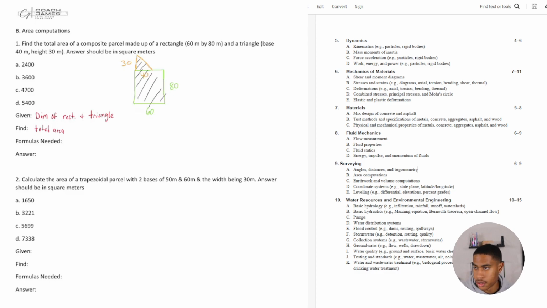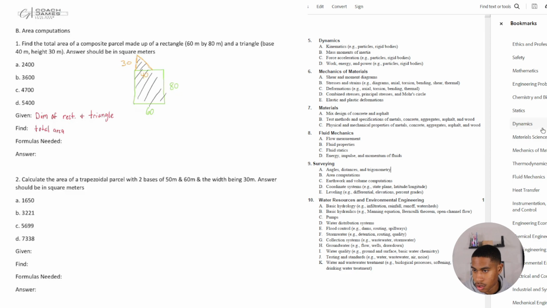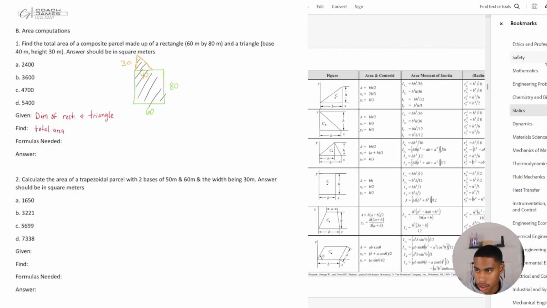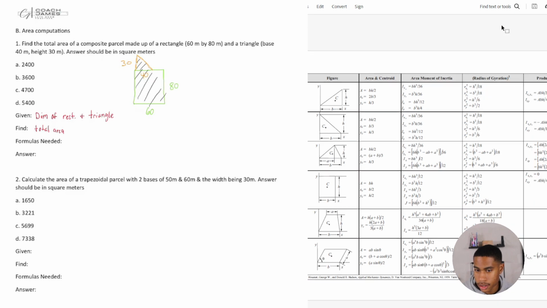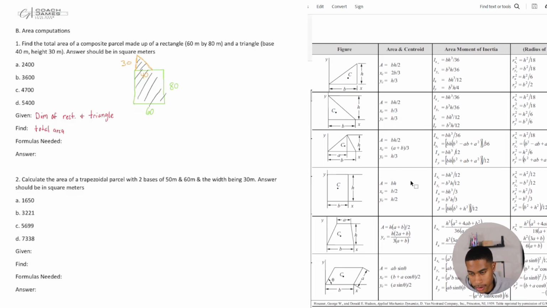If you ever forget these, I believe it might be in the statics section, they have a place where they give you how to find the area of different shapes, area and centroid. All right, so we know for a rectangle, it's just base times height. For a triangle, it's 1/2 times base times height, or base times height divided by 2.